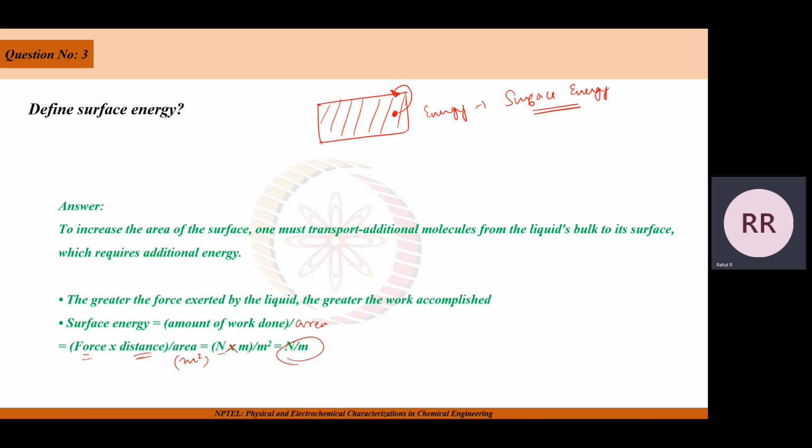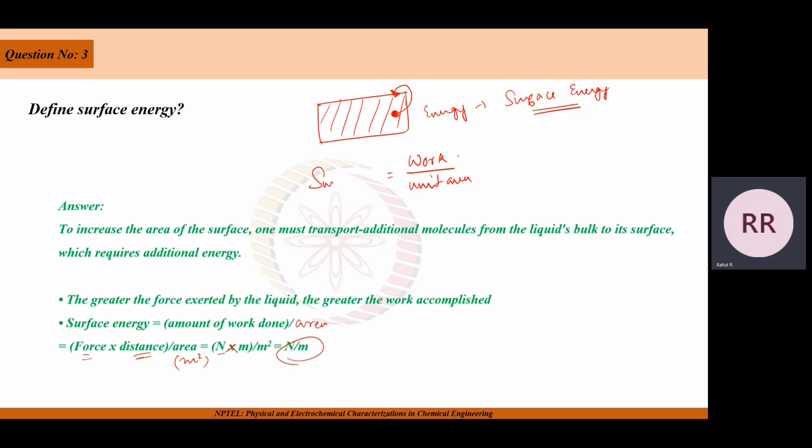Now consider a molecule deep inside the bulk of the liquid, and we need to take that molecule to the surface of the liquid. For that we need to do some work. This is the work done per unit area, and generally we take it as energy.